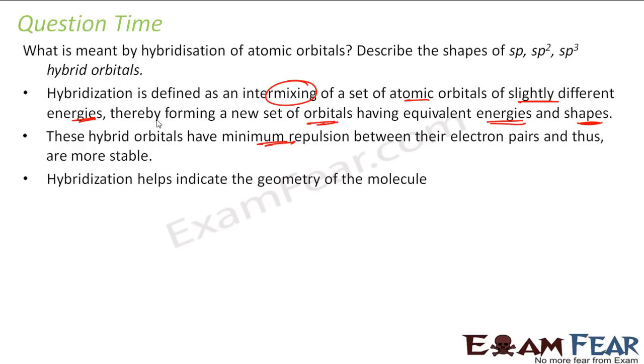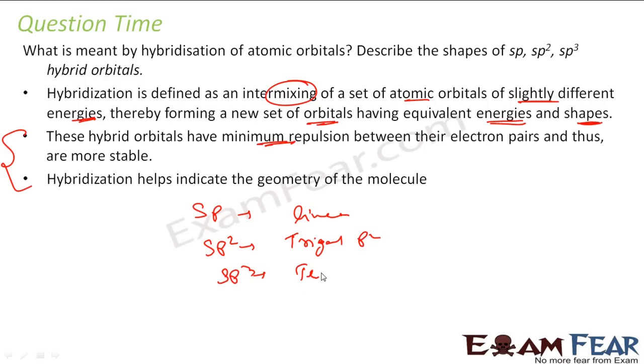Also, this hybridization indicates the geometry of the molecule. So we have different hybridizations. sp will give a linear shape, sp2 will give you a trigonal planar, and sp3 gives tetrahedral.